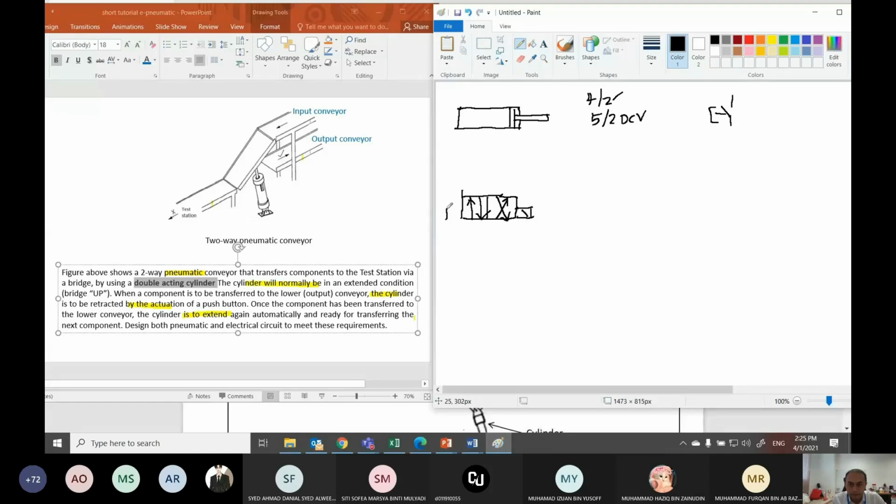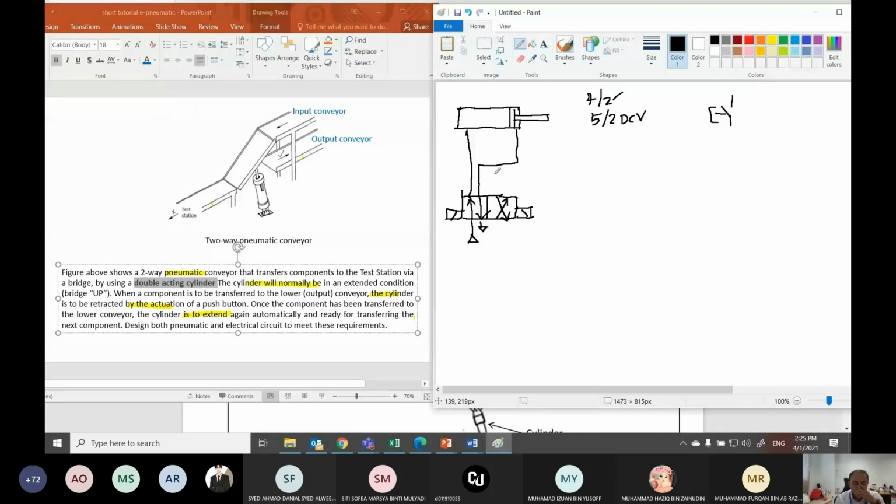Okay. And then in the original position, the cylinder is extended, so I just connect to this position. This one, and then, right? And then don't forget, you have to have the compressor and also the exhaust, okay?